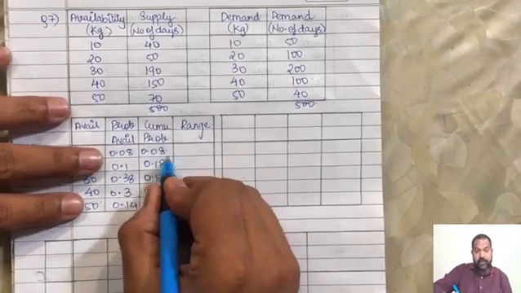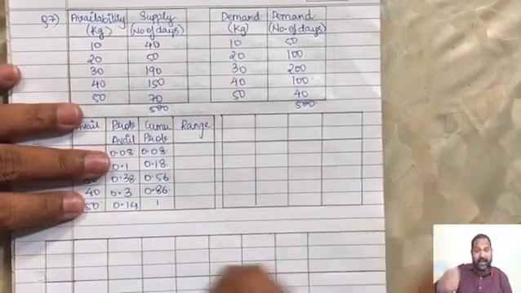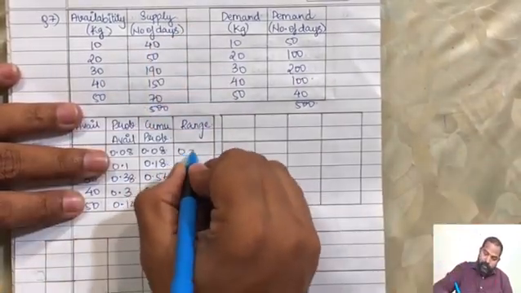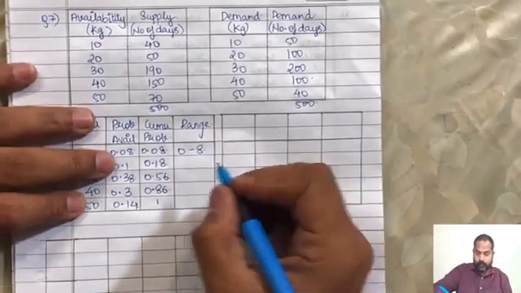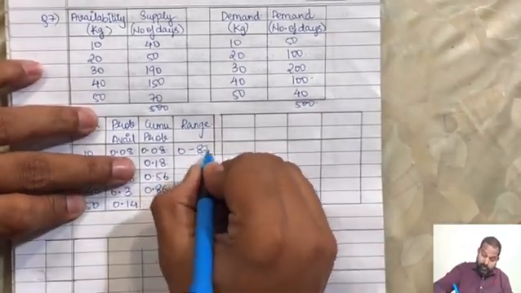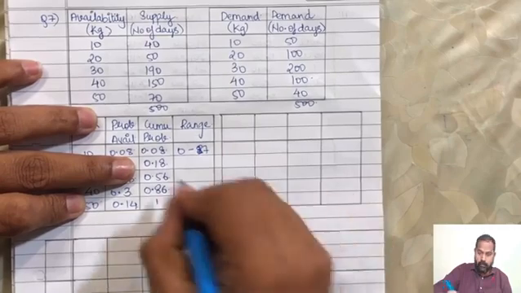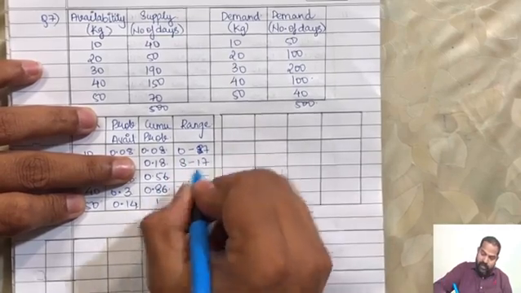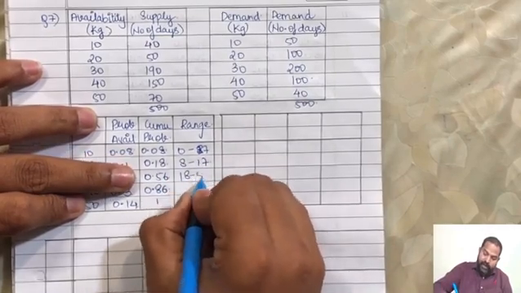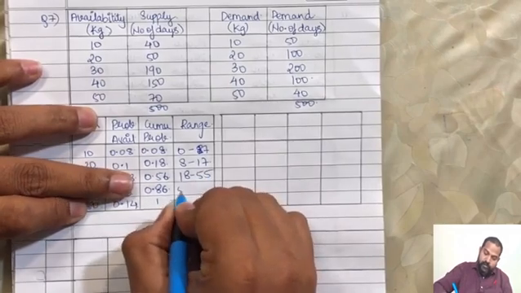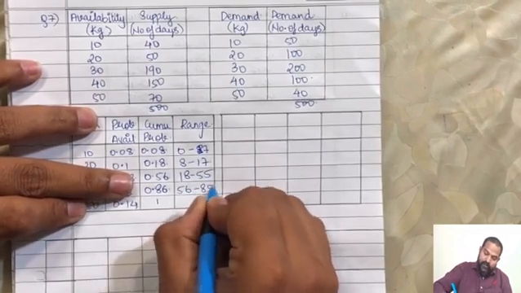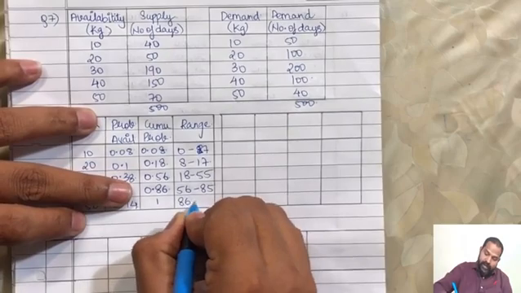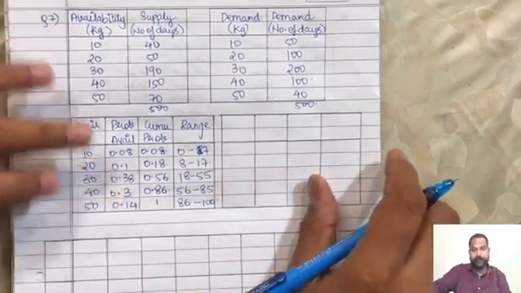Imagine that you are multiplying this by 100. So this will become 8. Stop one number before that. So 0 to 8, so this is going 0 to 7. This is going to be 8 to 17. This is going to be 18 to 55. This is going to be 56 to 85. And this is going to be 86 to 100.